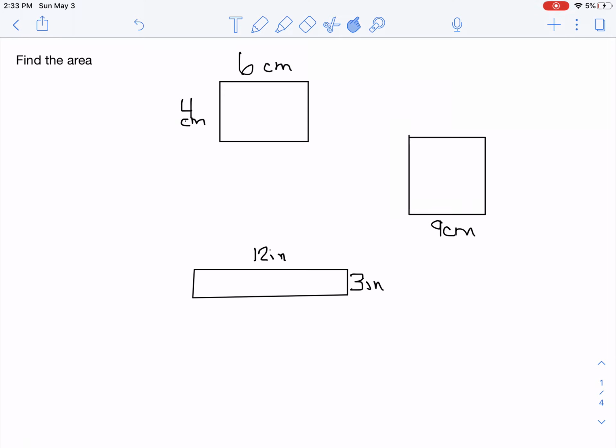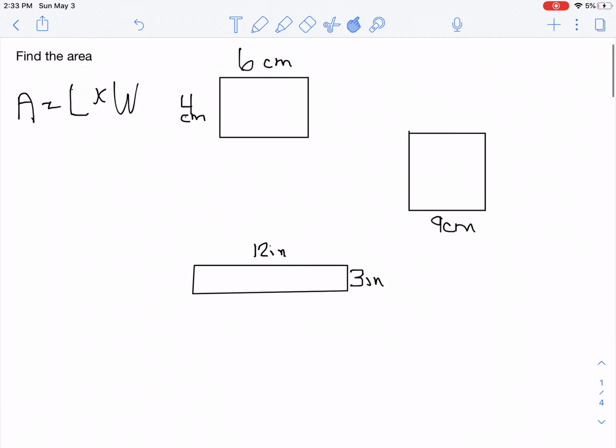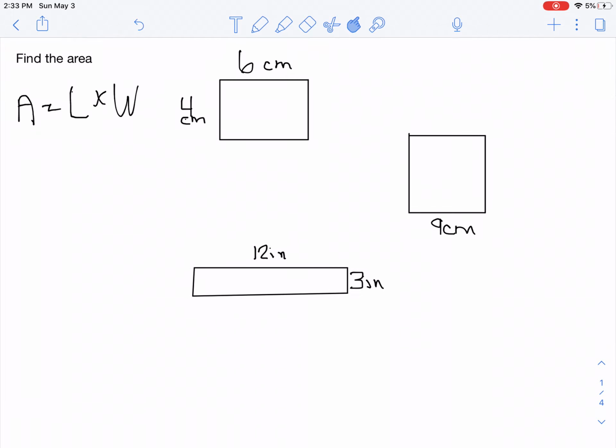All right, here we know that area is length times width, right? So length times width, I'm going to make this look more like an equal sign. There you go.